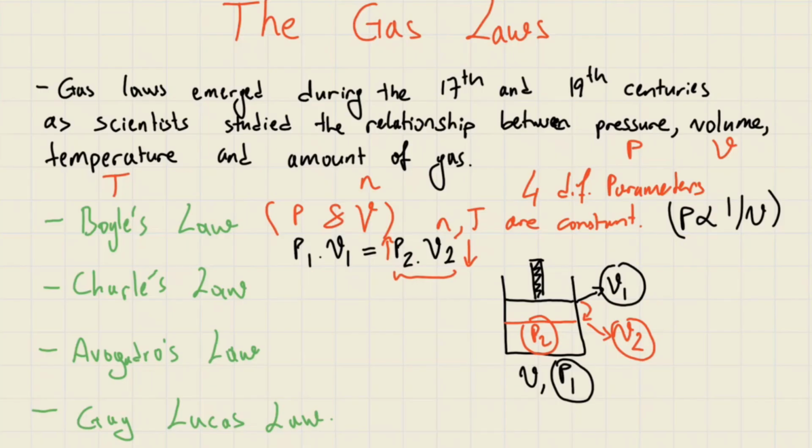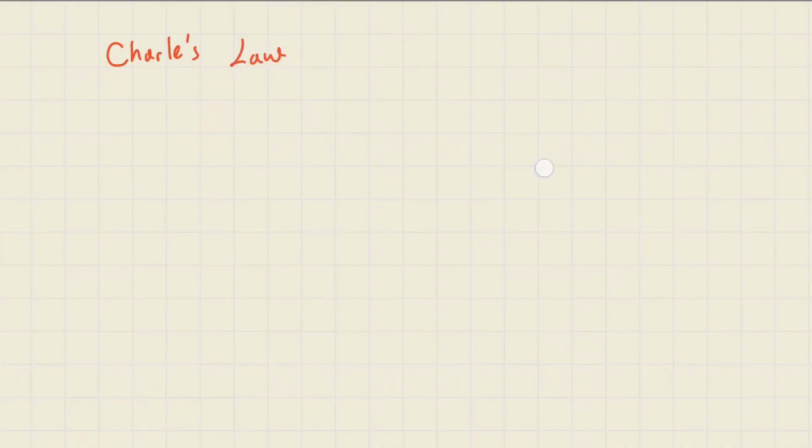Charles' law is also another important law. It was developed in 1802, and it is related with the volume and temperature.